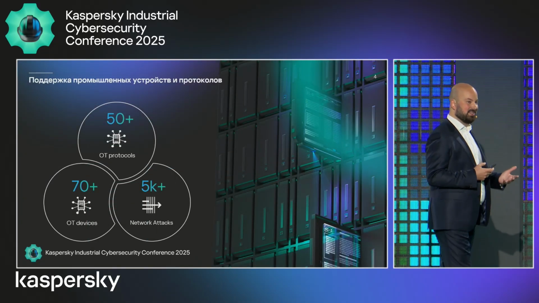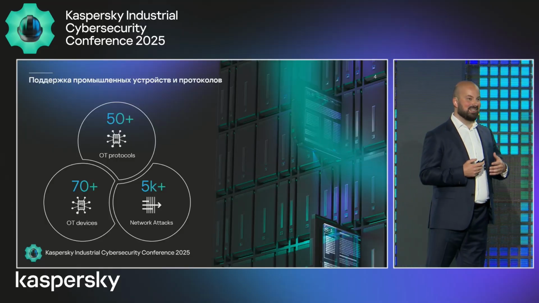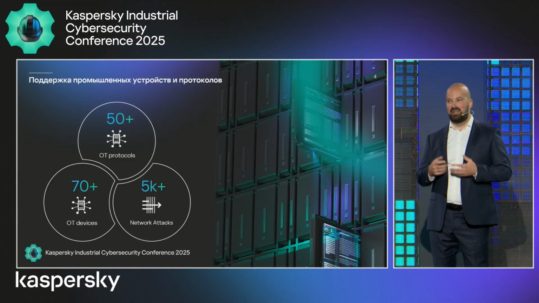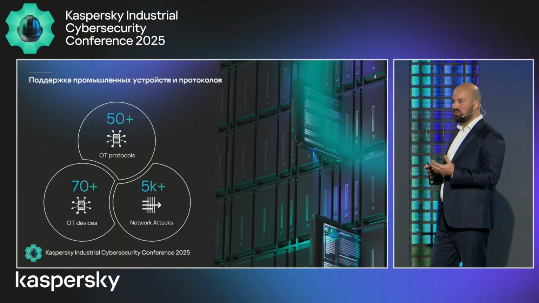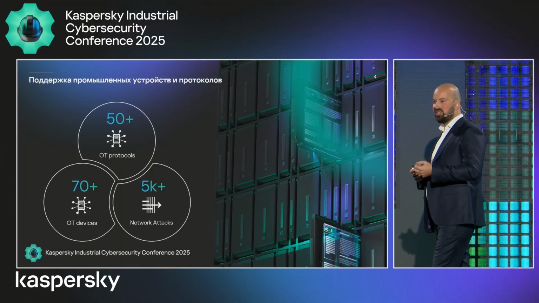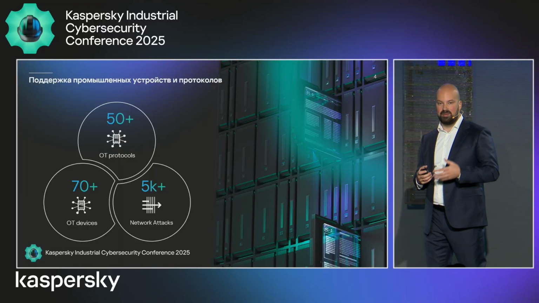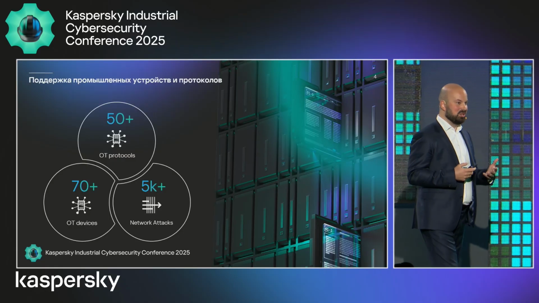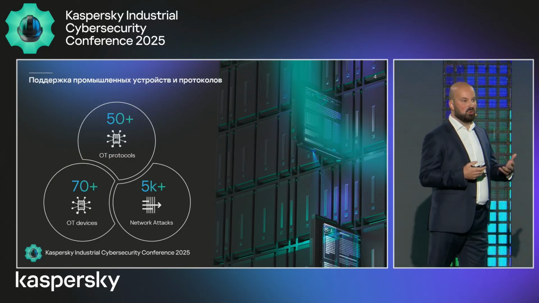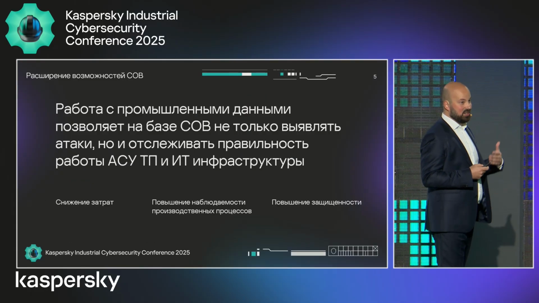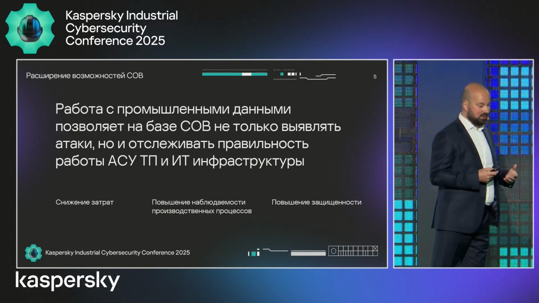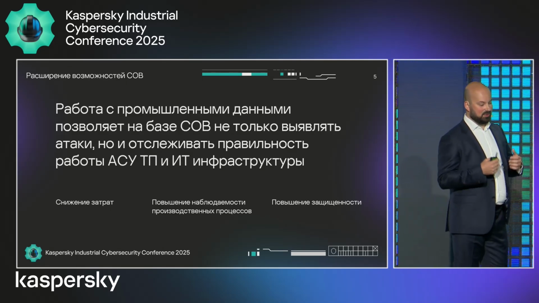Another important element is industrial protocol support. The industrial protocols were not maintained and supported from the standpoint of security, but now we see industrial protocols and their analysis at this level solve the questions and issues of technological control.